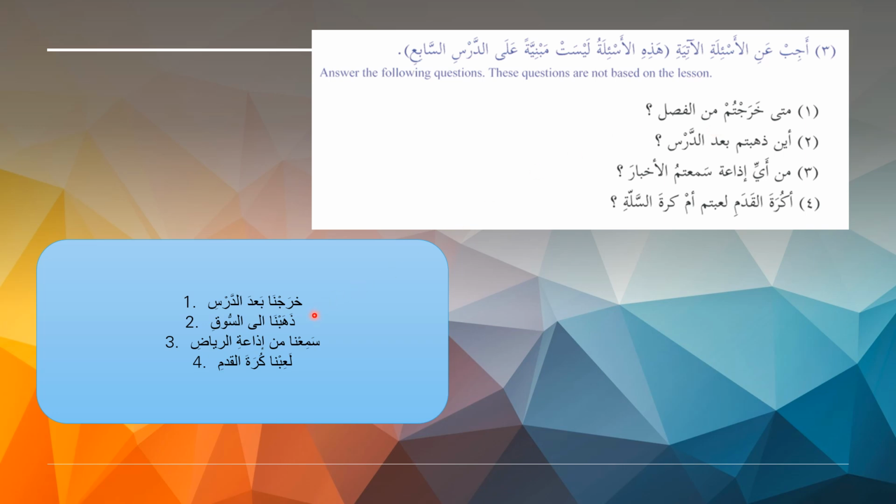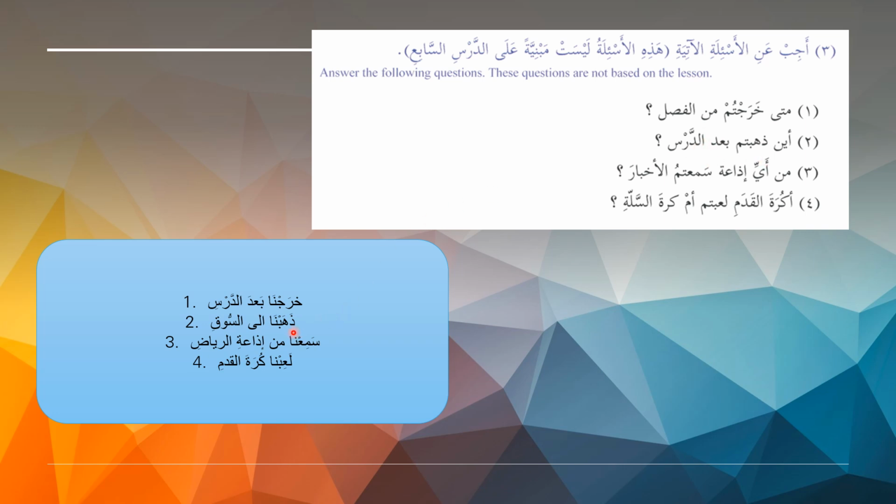So the answer will be خرجنا. When the male plural answers, they will say خرجنا بعد الدرس. Anything you can make on your own. أين ذهبتم بعد الدرس؟ Only keeping in mind to whom it is being addressed. You need to pay attention to the pronouns attached. أين ذهبتم بعد الدرس؟ Where did you all go after the lesson?